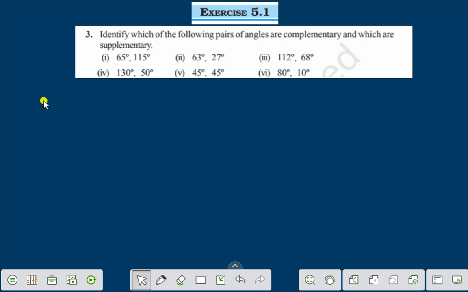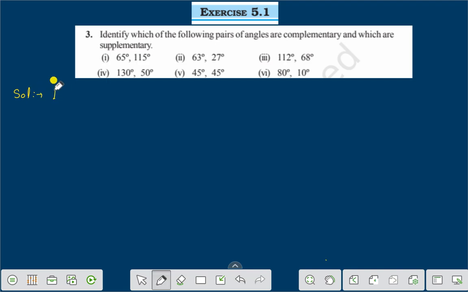Here we are solving this problem. We write the definition of complementary and supplementary angles.